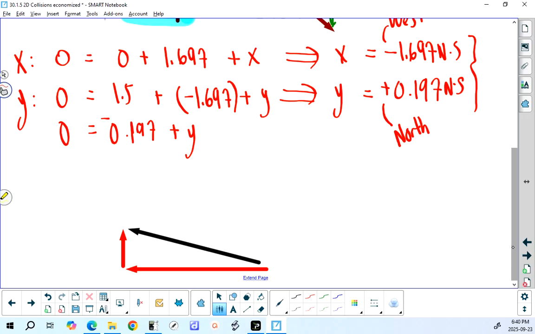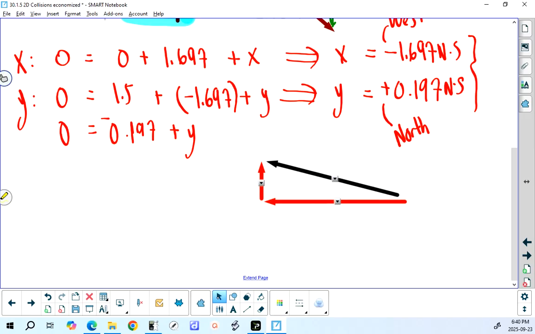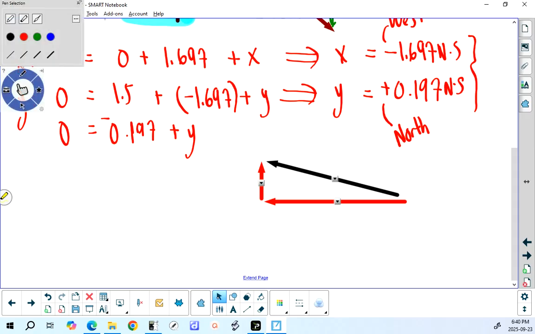So now all we have to do is draw that in a vector diagram, which conveniently from the last time I taught this is down here at the bottom of the screen. So we have negative 1.697 Newton seconds for the x, which is 1.697 Newton seconds west.